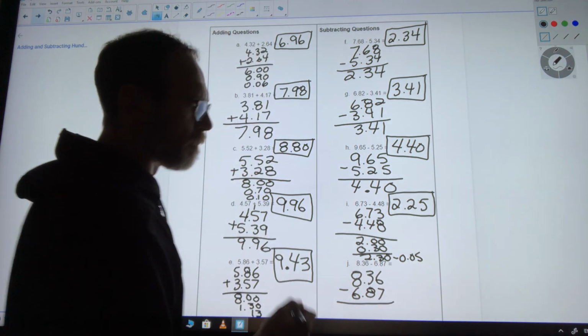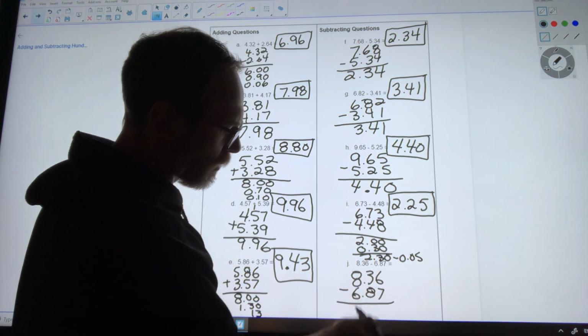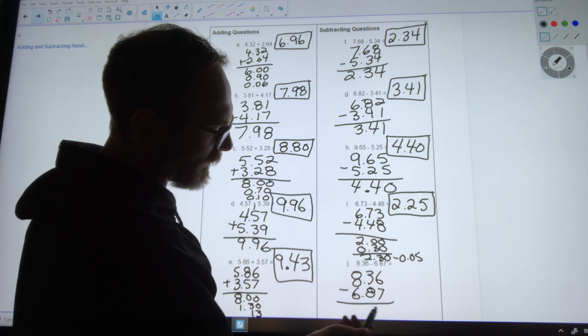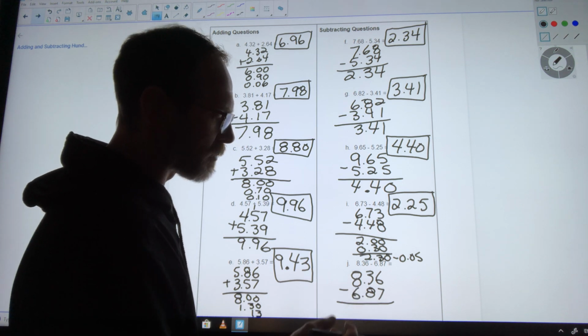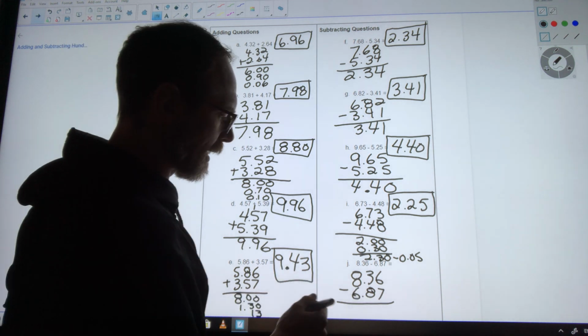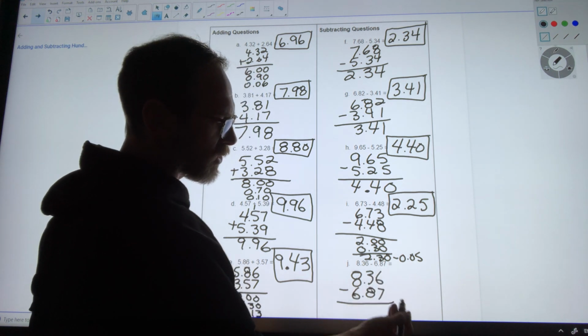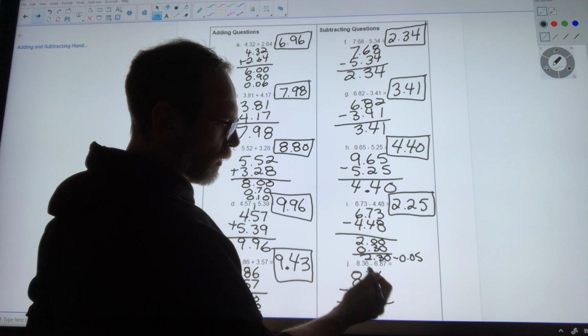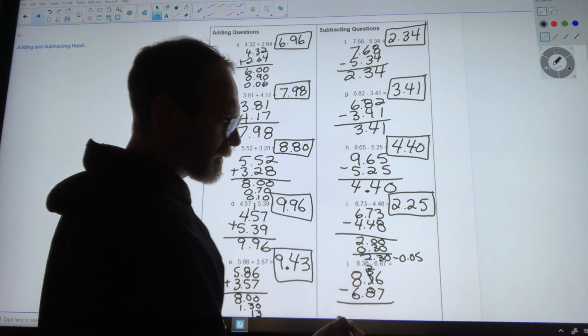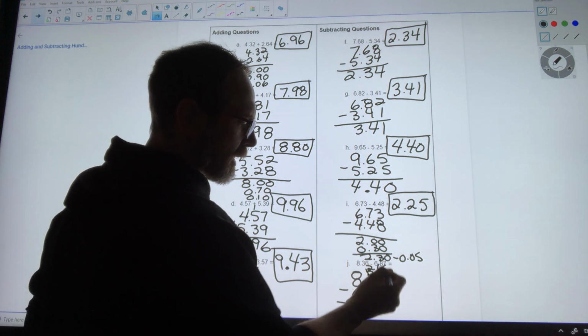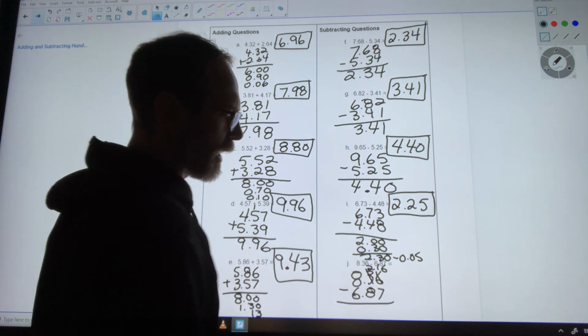Last one, 8.36 minus 6.87. I'm going to use borrowing for this one here. By the way, I know my answer is going to be 1.4 or 5, something along those lines. So 6 minus 7 I can't do with this strategy without borrowing. So I'm going to make the tenths a 2, and I'm going to carry that 1/10 over to the hundredths place.